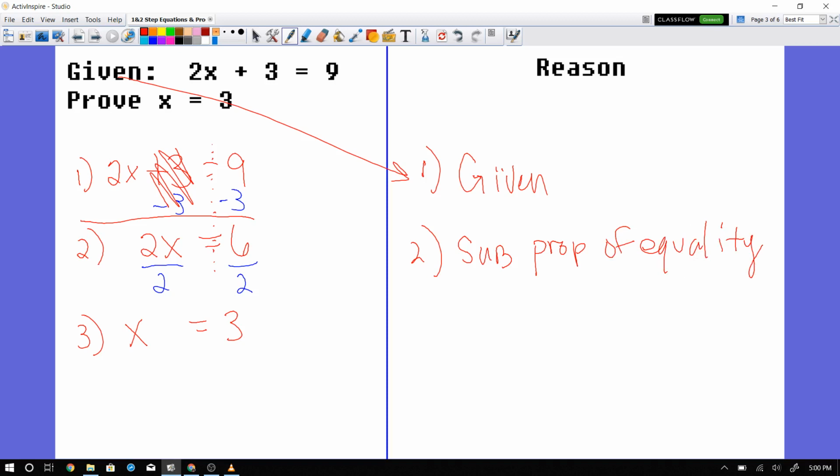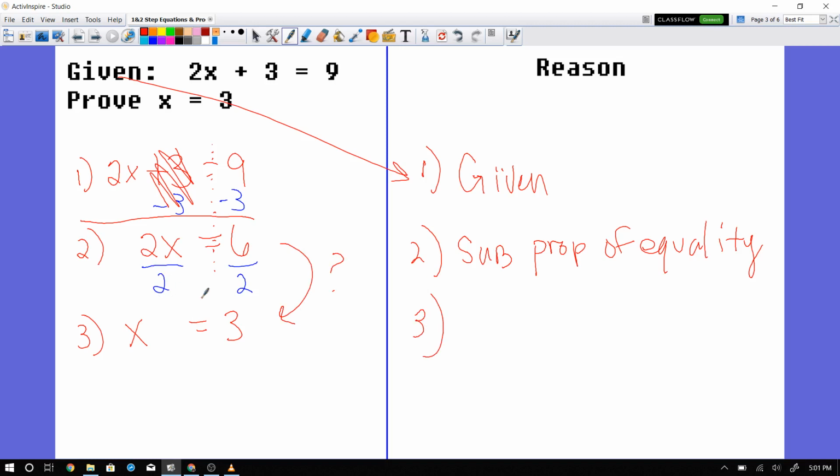And you may not run into these definitions, but if you are asked to prove an equation, these would be the properties you would be using. And I just want you to understand that there's going to be vocabulary associated with the reasons for the math that you're doing. So how do we go from step 2 to step 3? This is where the third reason comes in.